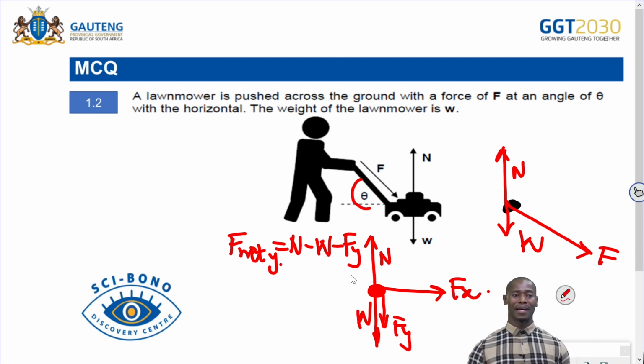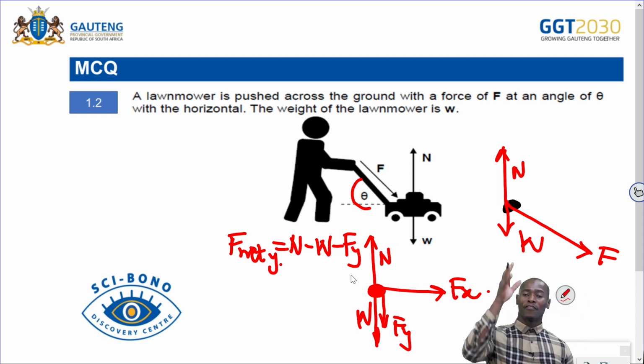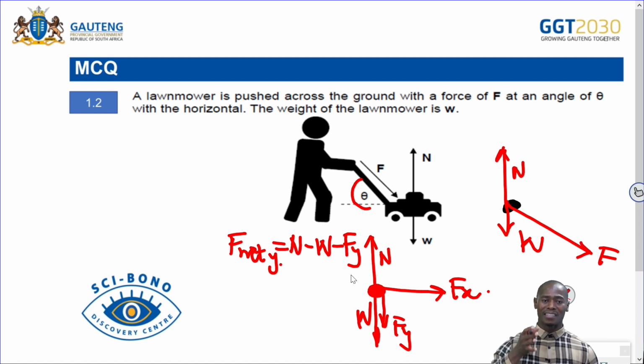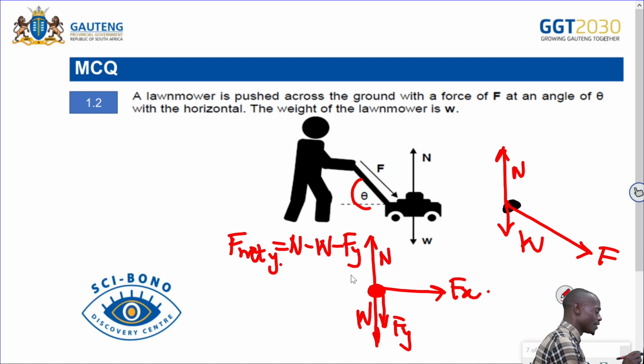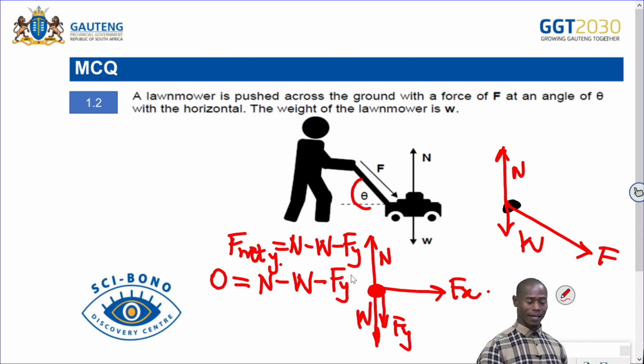Why minus weight minus Fy? They're acting in the opposite direction. So I'm taking upwards as positive, so downwards will be negative. But the forces that are perpendicular to the surface in this case, their net force is 0. So I can say this is going to be 0 equals N minus weight minus the vertical component.